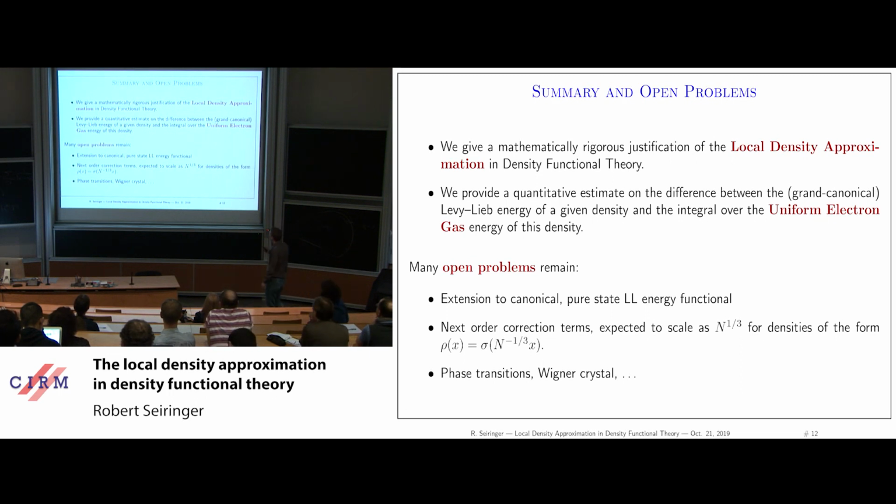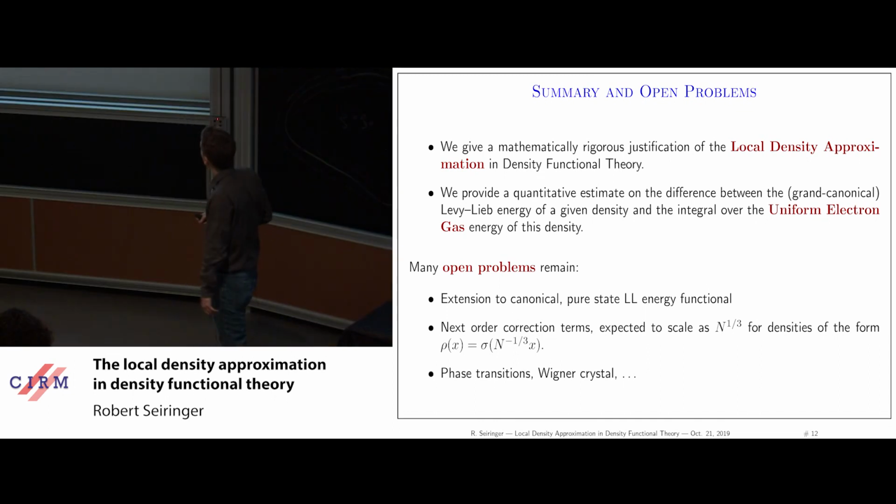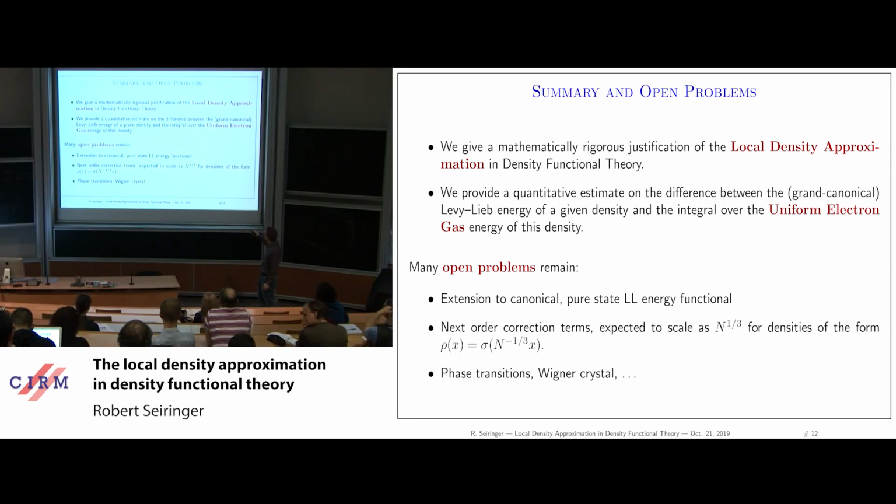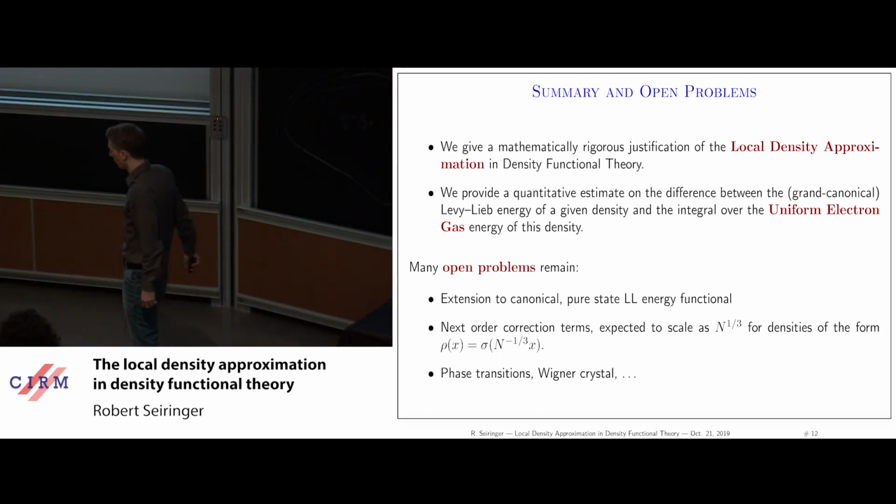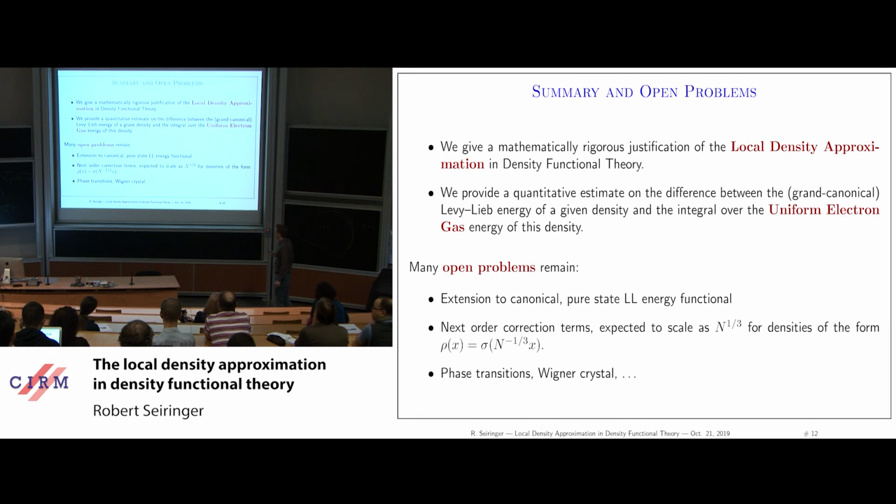What we've done is given a rigorous justification of the local density approximation in fundamental density functional theory, in the sense that if we look at the Levy-Lieb energy, or more precisely its grand-canonical version, then we can estimate the difference between this energy and its local density approximation in terms of error terms that involve gradient terms of the density, and in particular are small if the density is slowly varying.